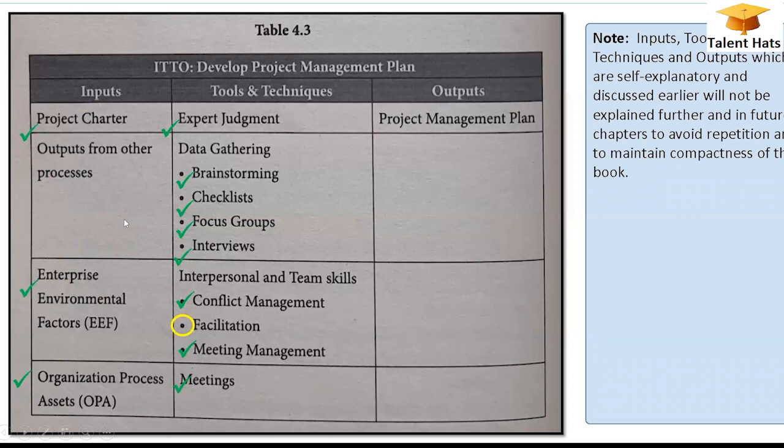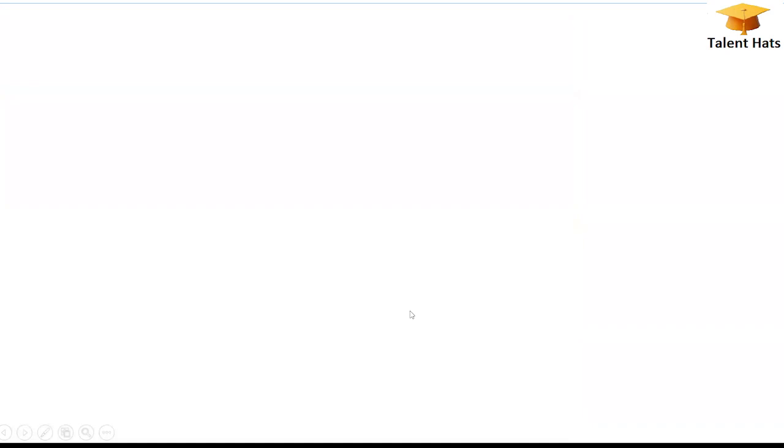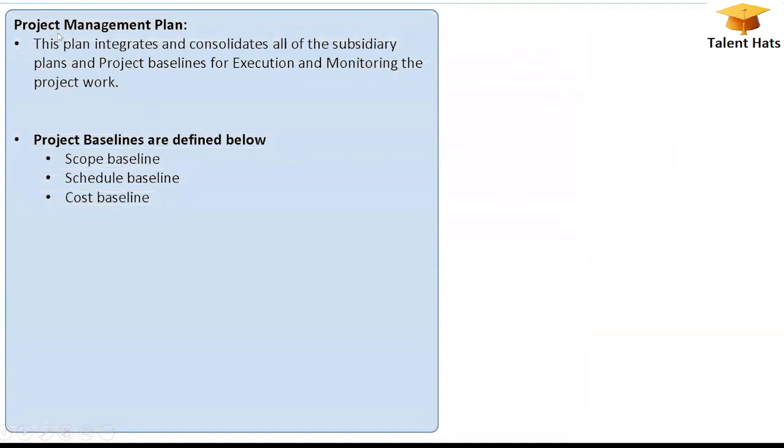Okay, so I'm going to the next thing. This is what we got, the inputs and tools and techniques. Now we are talking about the output. After we do all these things, we get a project management plan. What does this project management plan look like? As we were talking, it's a plan which will contain all the subsidiary plans also.